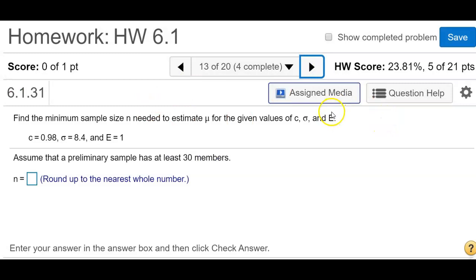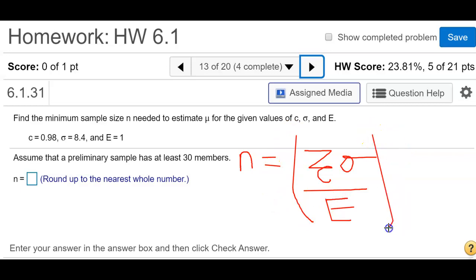What does it say? Find the minimum sample size. Very good. So for minimum sample size, the formula is n equal to (ZC times standard deviation over E) whole square.